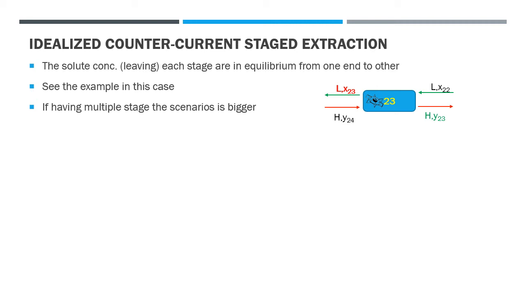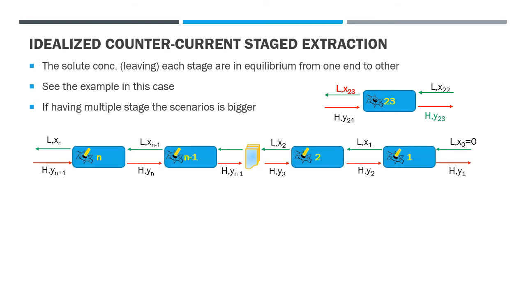If you have multiple stages, the picture will just be a bigger scenario. We will have multiple stages. You can see the stages are numbered increasing from right to left. The lighter phase enters with x0 equal to 0.